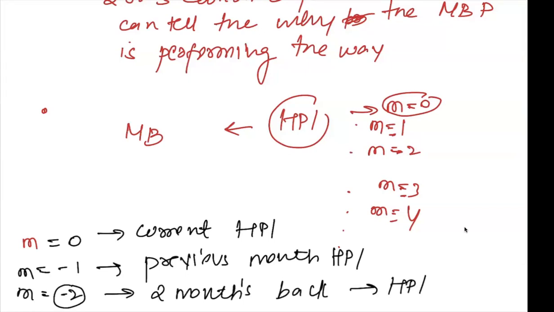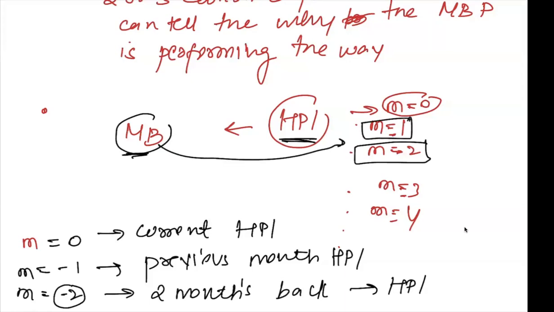So sometimes what happens is that the correlation of the mortgage balance with the current HPI is not that high, but the correlation of mortgage balance with a specific lag, which is lag of 2 or lag of 1, might be high. Are you guys following?